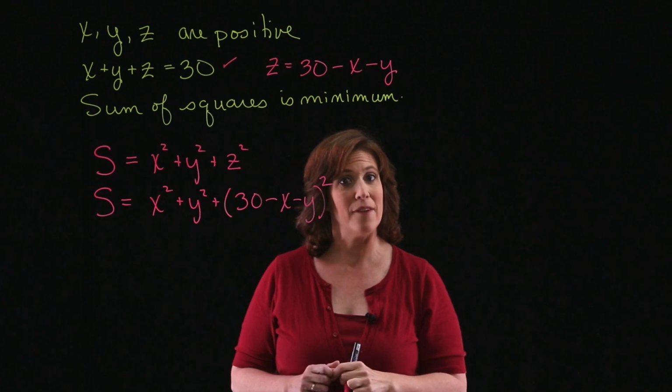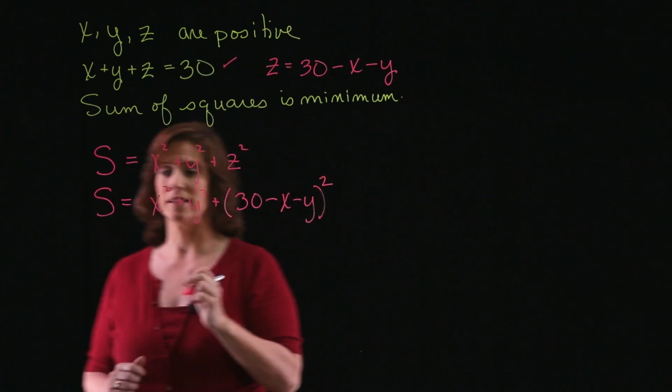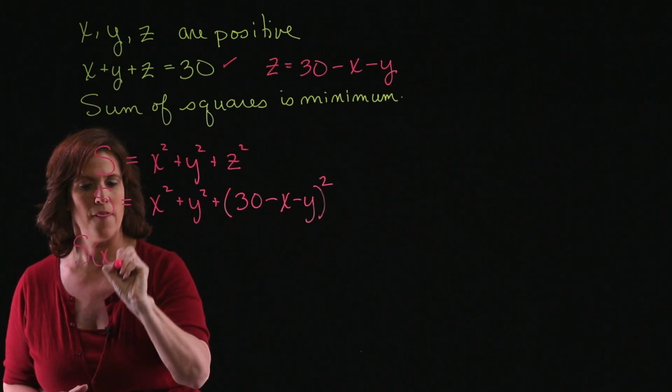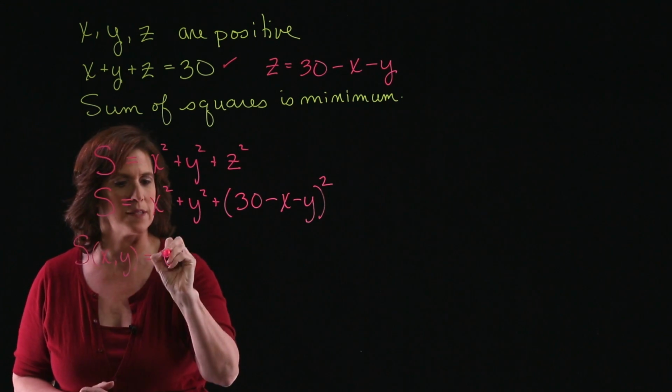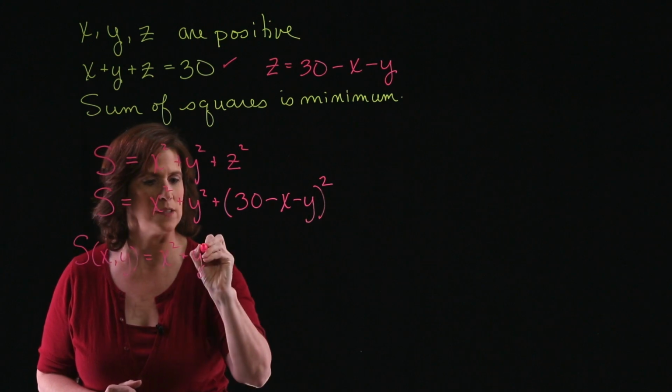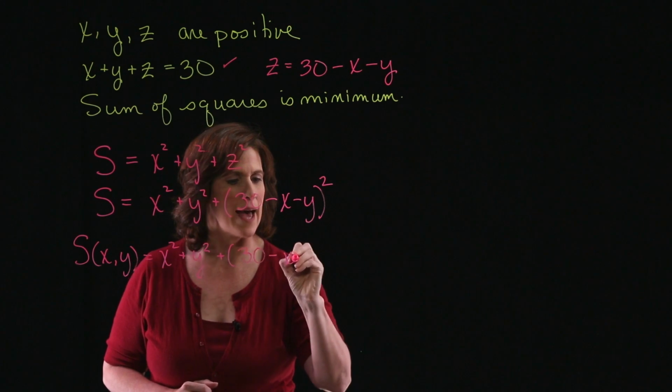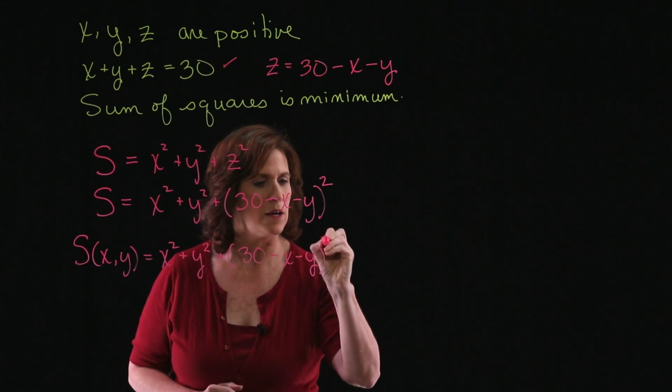So notice now I have this written as a function of x and y. So let me rename this. I'll call this the function s of x y equals x squared plus y squared plus the quantity 30 minus x minus y squared.